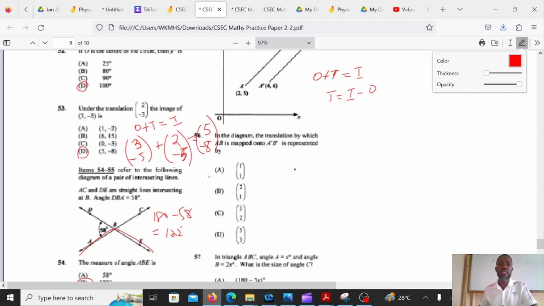So the image points here are 4 and 6, and the object points are 2 and 5. So 4 minus 2 will give you 2, 6 minus 5 will give you 1. So our answer here is B.